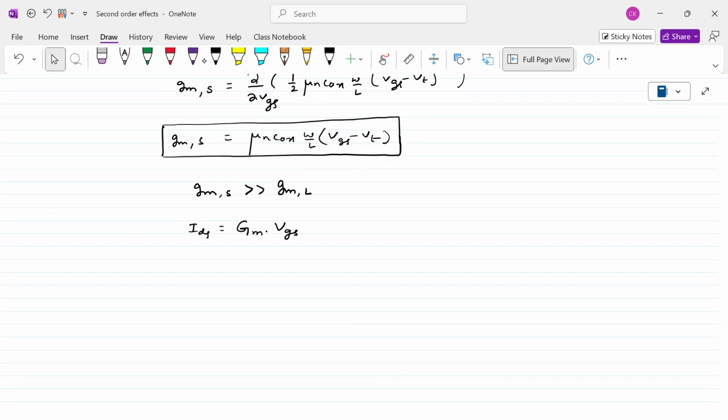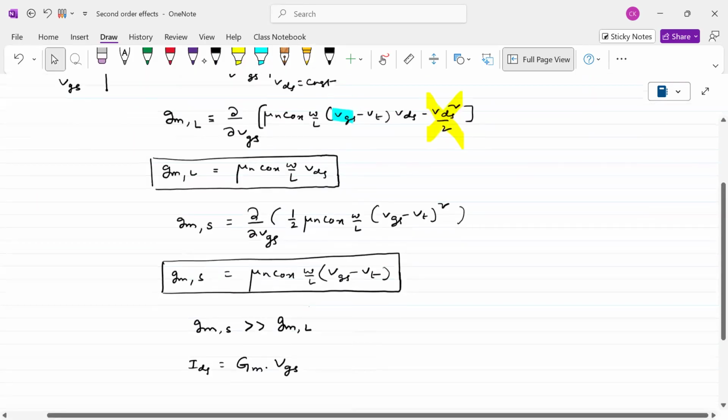Definitely the saturation region is most important for us. This is the reason why the MOSFET must operate in the saturation region, because of the higher current. We are going to use this higher current in different places, for amplification and so on.